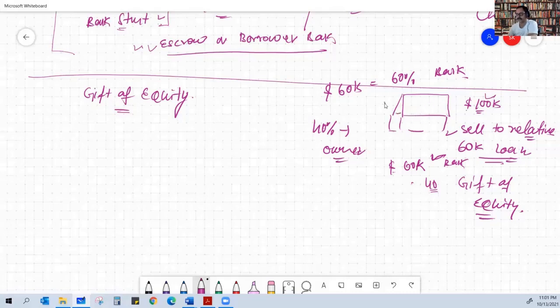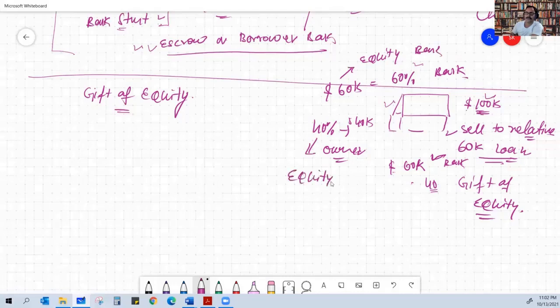Anyone who is going to sell this property will get only 40,000, because 60,000 will be taken by the bank. So this is the equity. Out of the 100% equity, 60% belongs to the bank, whereas the rest of the 40% belongs to the current owner.